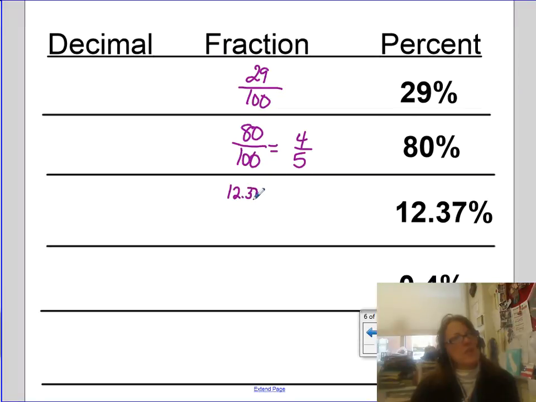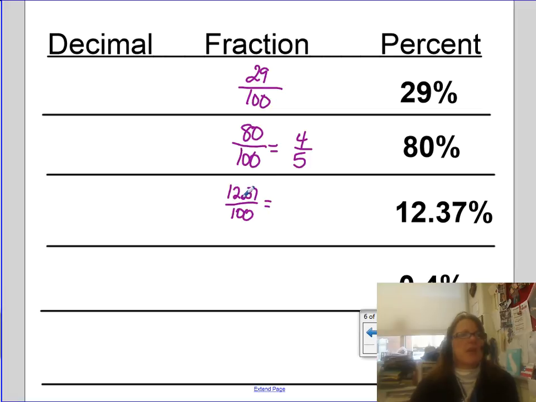Ooh, this one's tricky. 12.37% means 12.37 over 100. Yeah, there's a problem here because that isn't looking like a really nice fraction. Usually we don't leave decimals mixed up in our fraction. So let's do this.